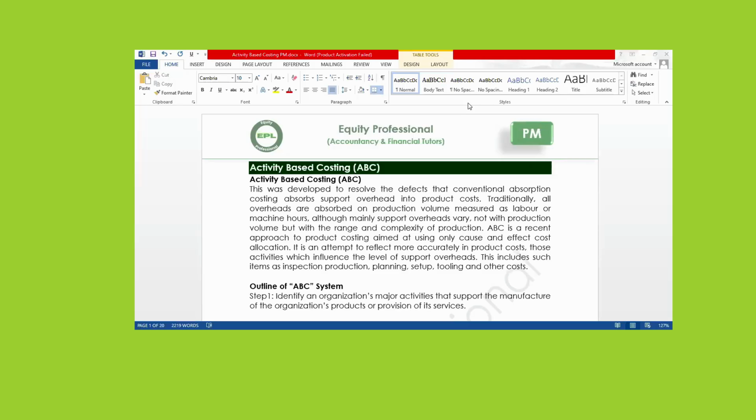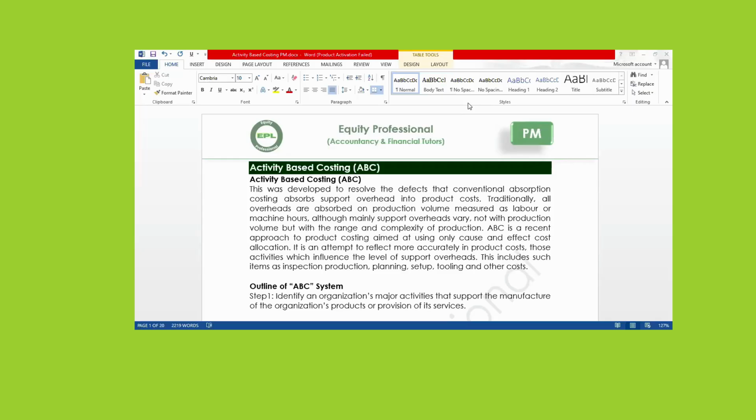Under the traditional absorption costing system, overhead costs are absorbed into products on the basis of production volume. This production volume is represented by the labor hours or machine hours.